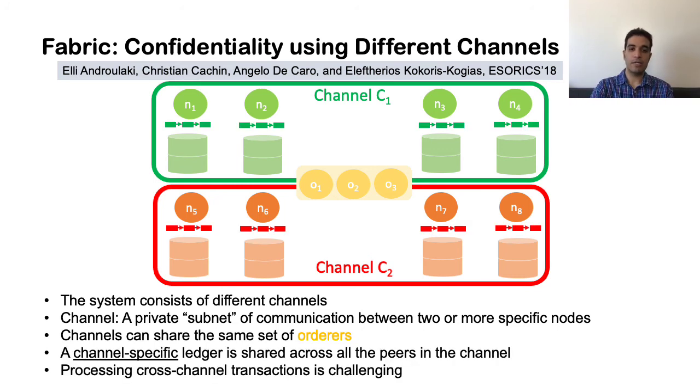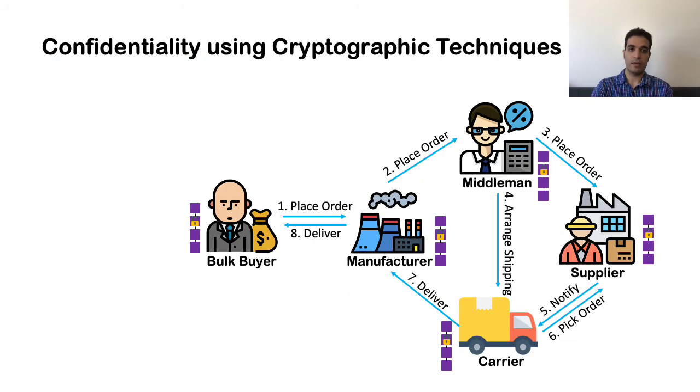And this channel has its own ledger. This channel has also its own ledger. And these orders know that, okay, if transactions are coming from this channel, they put them in their own block, and from this put them into like the green block and the red block. But here the problem is, if we have a cross-channel transaction, then the processing is challenging.